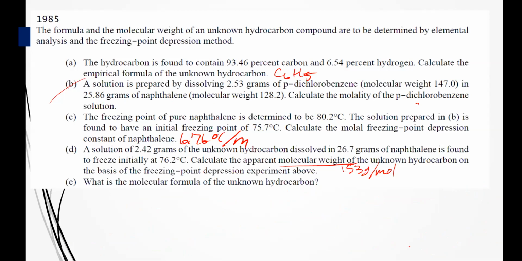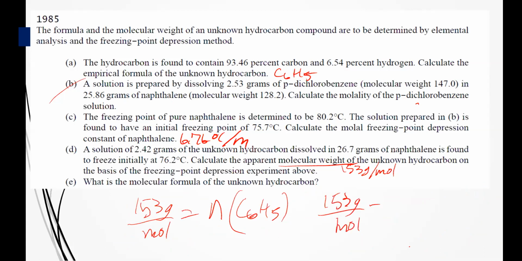So remember to go from your empirical formula to your molecular formula. We know that there's 153 grams per mole, and that's going to be equal to n number of sets of C6H5. So that 153 grams per mole is equal to some number n times the molecular weight of C6H5, which is 77.06 grams per mole.